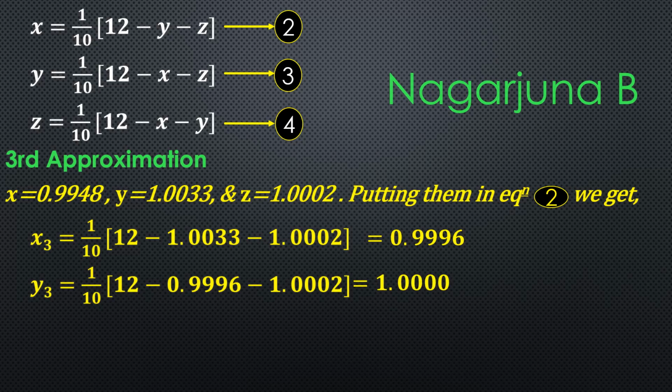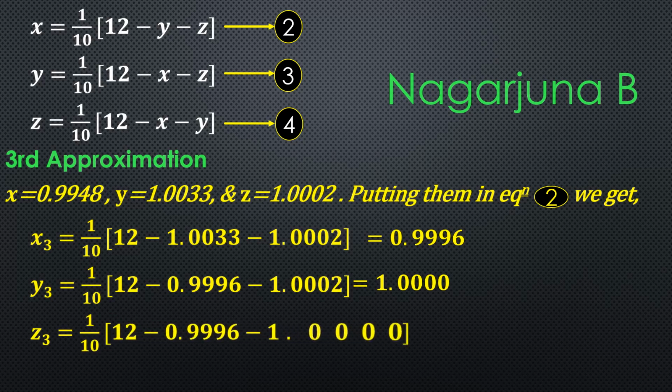Next we shall calculate the value of z by substituting the x and y values which we have got just now in equation number 4. Therefore, we can write z3 is equal to 1 divided by 10 into 12 minus x value, which is 0.996, minus y value, which is 1.0000, or just you can write 1.